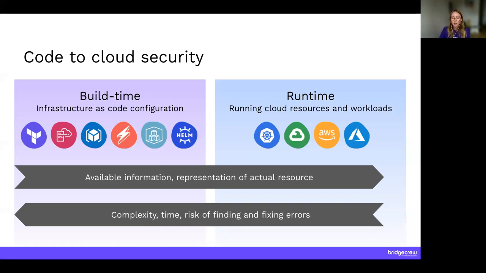Especially as IaC is a little bit newer and we don't expect a full 100% implementation and adoption, you should think about it in terms of doing both: on the one hand, getting early, fast, inexpensive feedback, and on the other, being able to address issues as they come up.